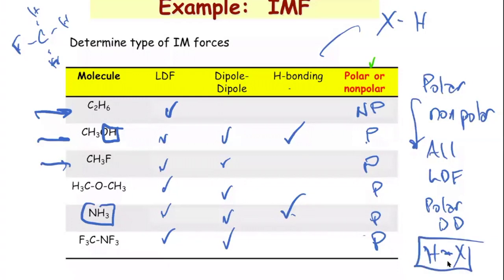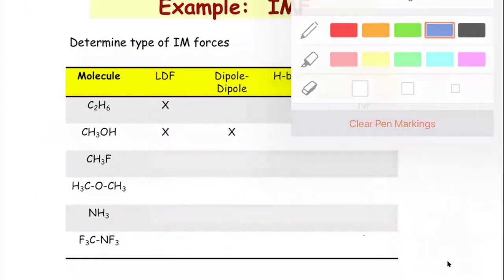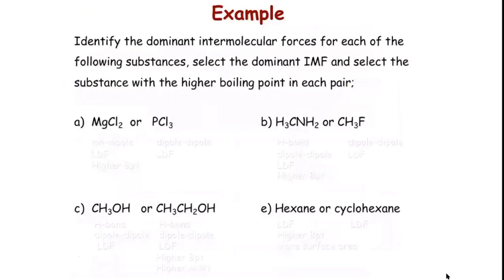Once you find that, then it also has hydrogen bonding. But remember, once you check hydrogen bonding, you better check the rest of these as well. So let me move on. Let me clear this real quick. And that's the answer.